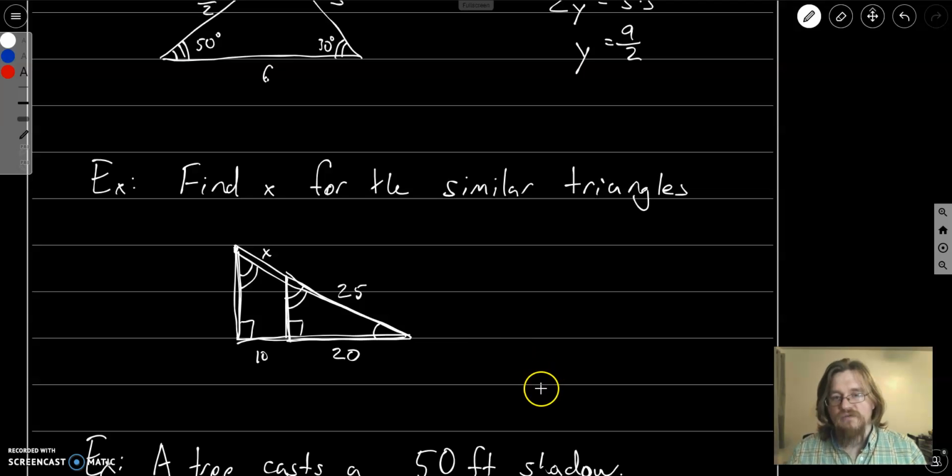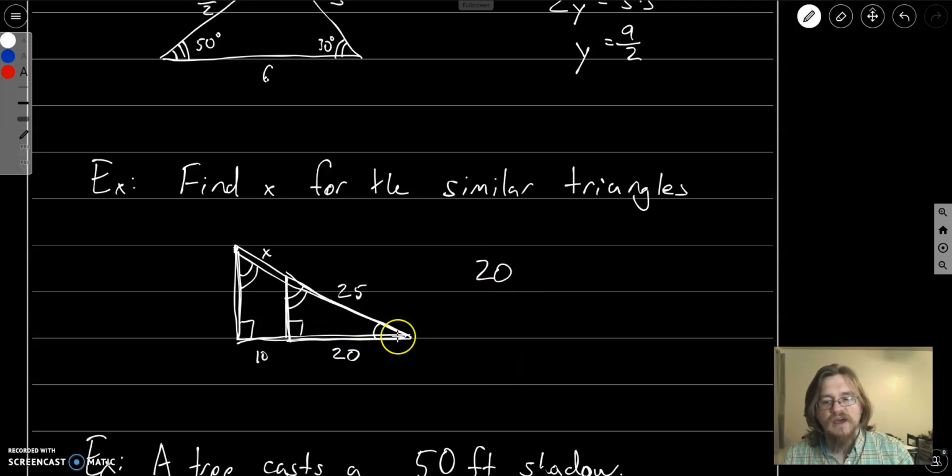So we need to find a ratio. We need to find a proportion to be able to describe the relationship between the sides of our two triangles. So for instance, we have this side on the bottom, so in between the 90-degree angle and the one that they share. For the small triangle, that's 20. For the big triangle, it stretches all that 20 plus another 10.